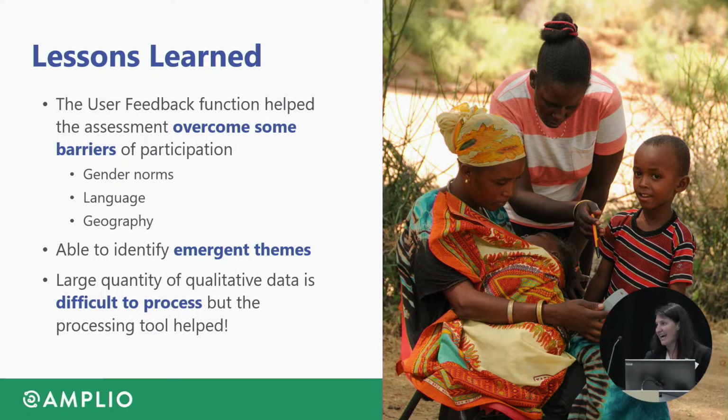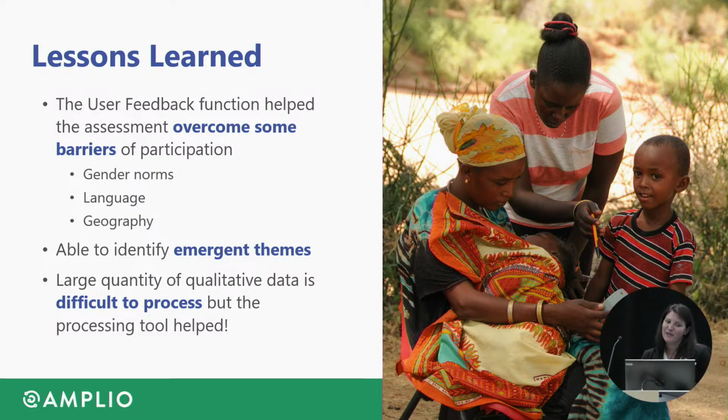All of a sudden we had access to community members that we probably never would have had access to previously to hear their perspective. We were able to identify emergent themes that broke us out of the traditional impact assessment framework, this rigid framework where we didn't know the right question to ask to get the interesting information. All of a sudden we had this open door for people to give their perspective on anything that was on their mind and things that they were living through and experiencing.